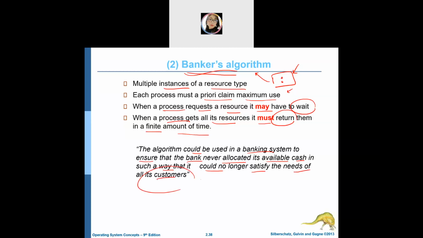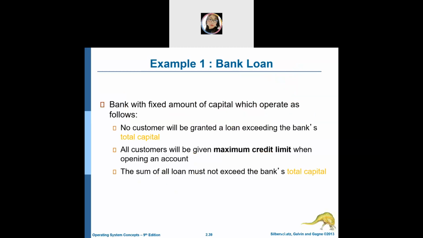So let's see what the needs of customers are and how to satisfy them. Example: a bank loan. The bank has a fixed amount of capital for each process. First, no customer will be granted a loan exceeding the bank's total capital. So let's say your bank is CIMB, and CIMB has a total capital of RM100 only.